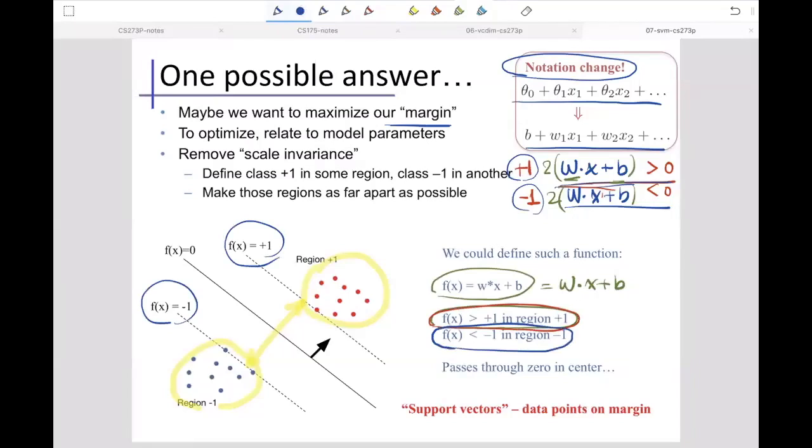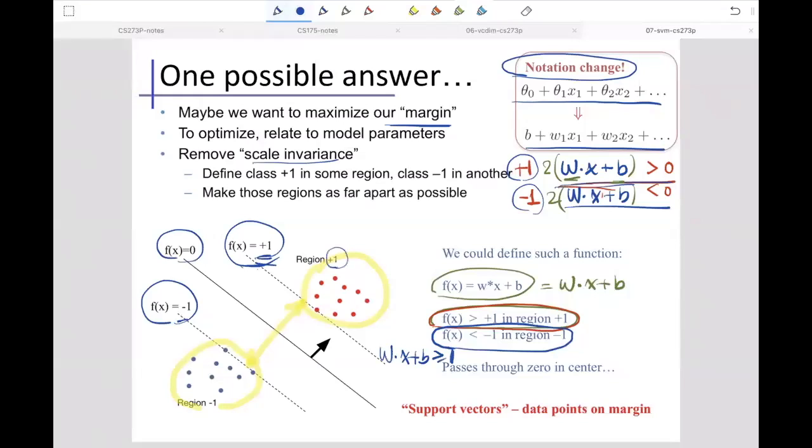The reason we fix these two values is that the exact numbers of W and B are then fixed. We do not have this scaling redundancy anymore. Previously I could multiply by a positive constant without changing my decision, and I want to remove this scale invariance using this trick. I have f(x) equal to 0, but I want to make sure that all the data labeled +1 has W dot X plus B greater than or equal to 1.